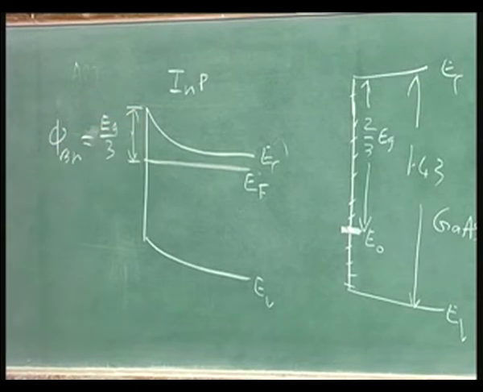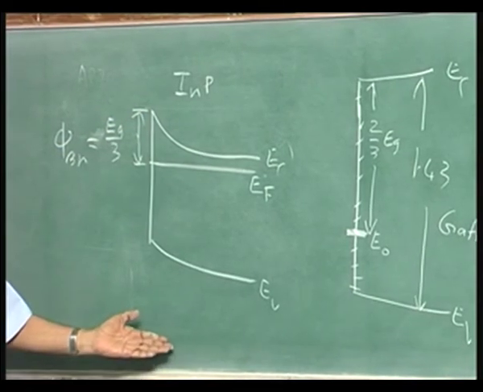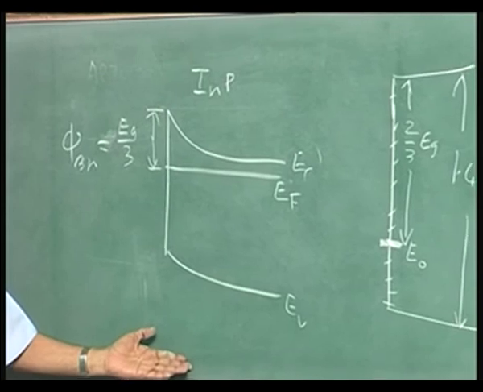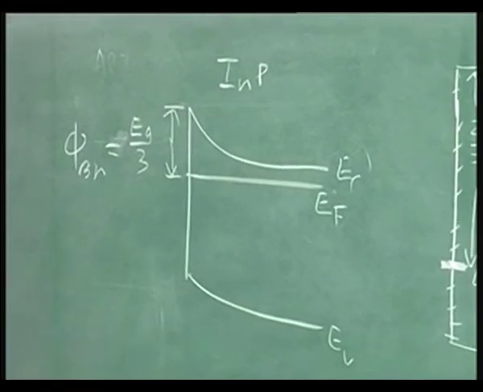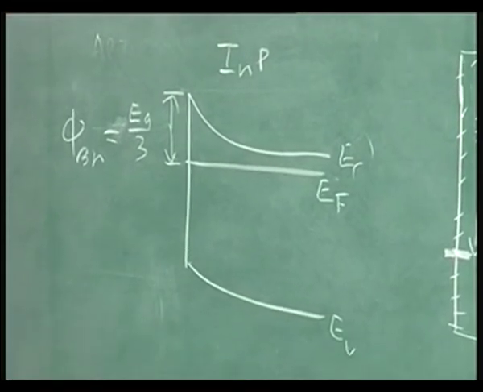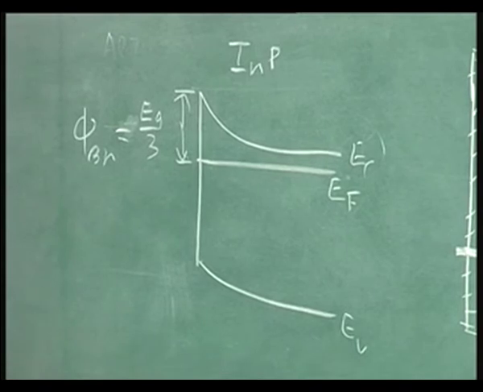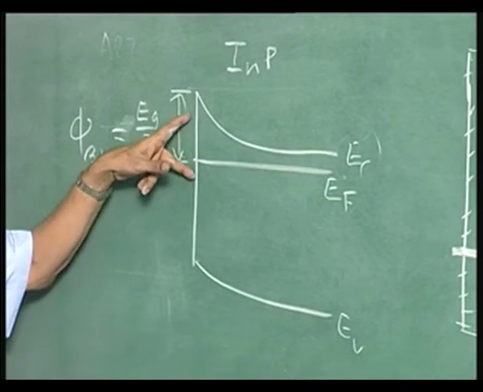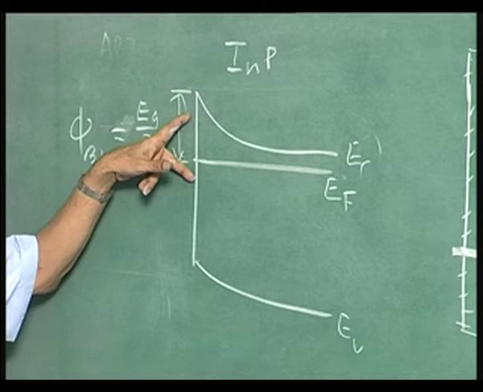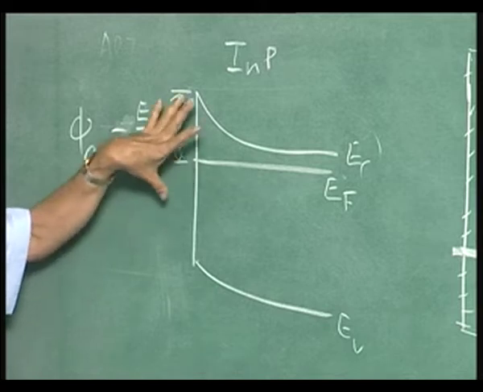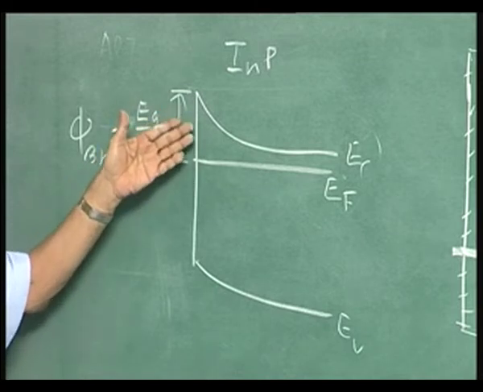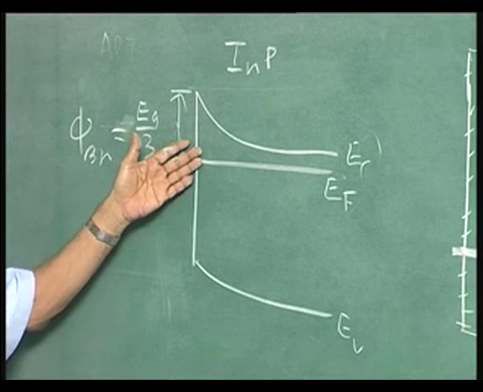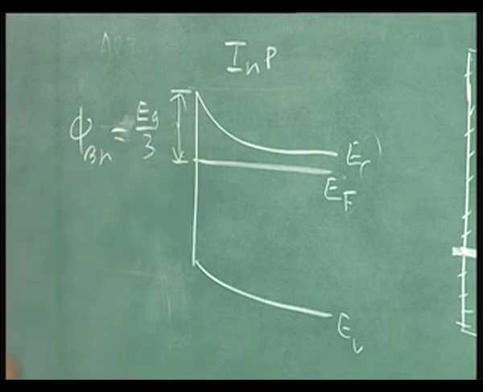It is very difficult to make a Schottky barrier with indium phosphide. So, that is one of the difficulties people have faced. The only thing is you have to make modifications on the surface to improve this barrier height. So, you have to work hard to improve this barrier height.